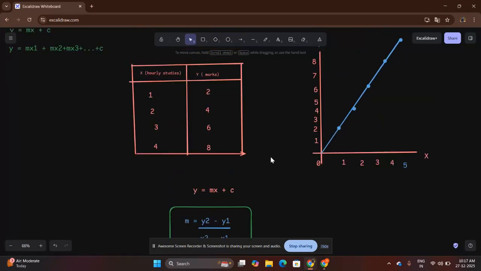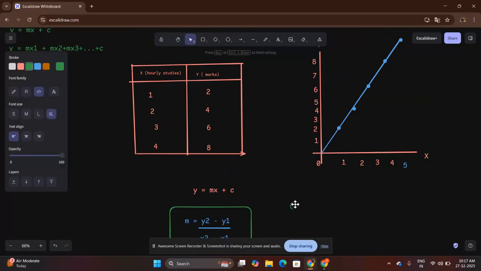Or just take an example, that is 1, 2. The first row has 1, and its target is 2, and the second row is 2, 4. So 1, 2 and 2, 4.